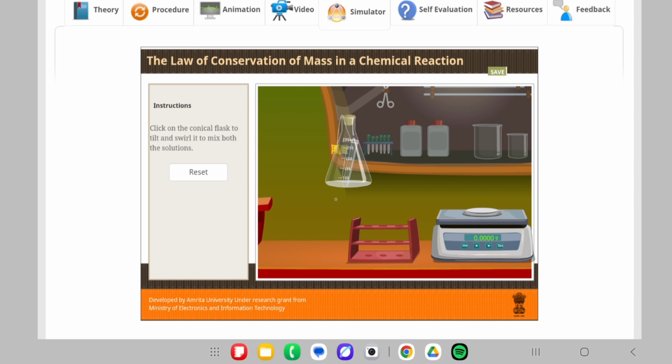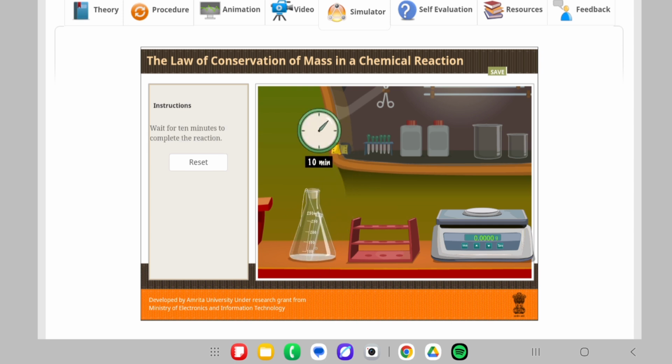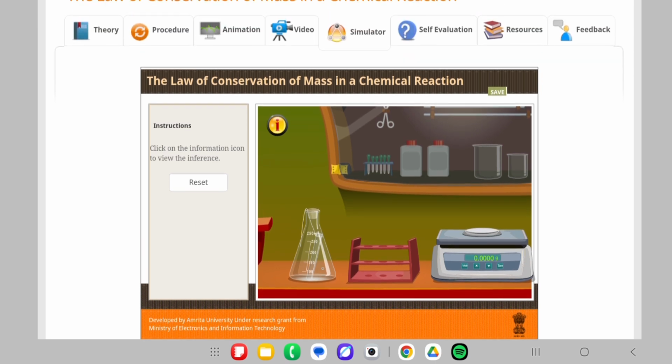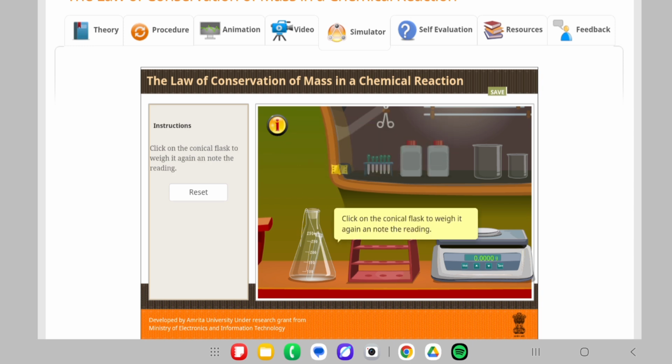Now you can see the clear solution has now turned white. Okay, keep it as it is, and these white precipitates will settle down. Okay, then once again it has to be measured. They are saying that click on the information icon.